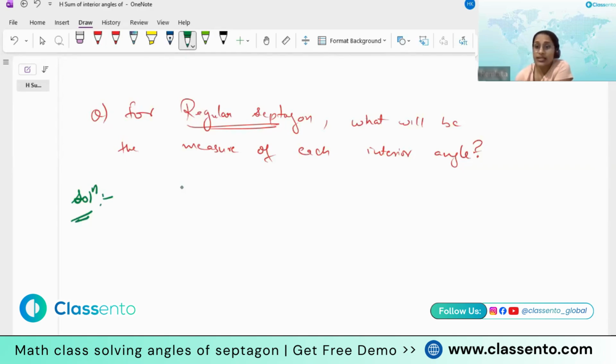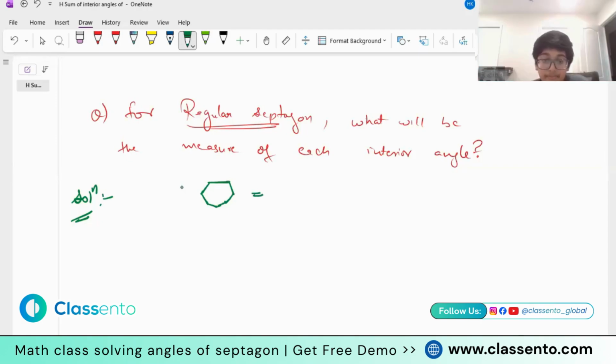So a regular septagon means a polygon with 7 sides and all the sides are equal. So that means a polygon with 7 equal sides. 1, 2, 3, 4, 5, 6, 7. Oh, I have not drawn a proper diagram. Sorry. No issues. But you have understood, right?